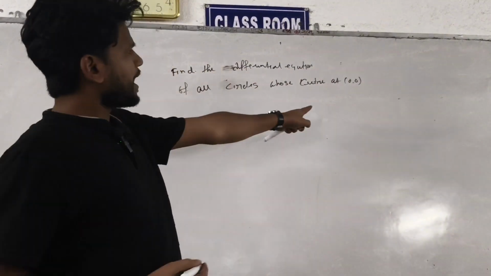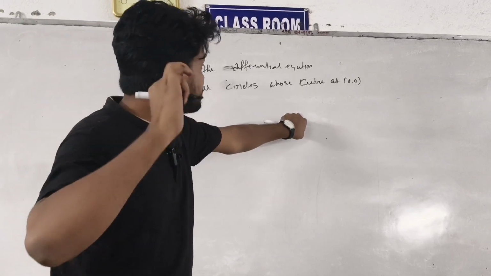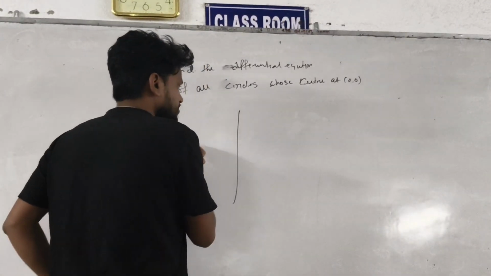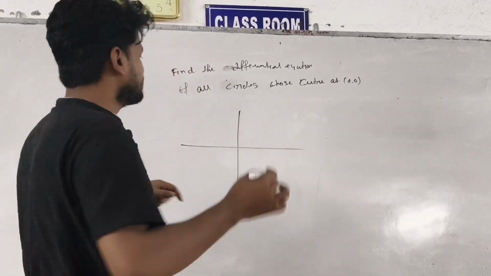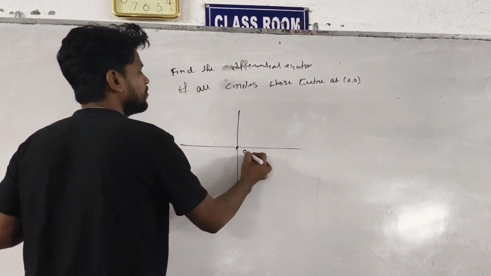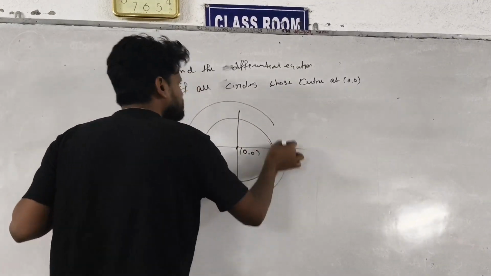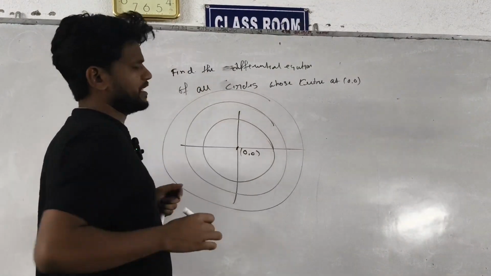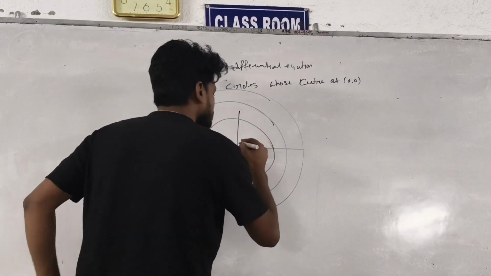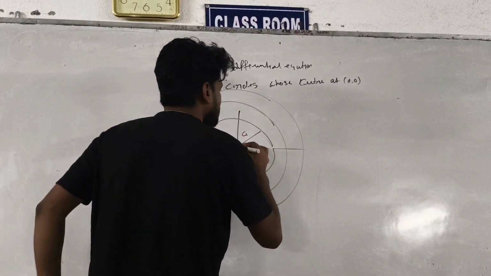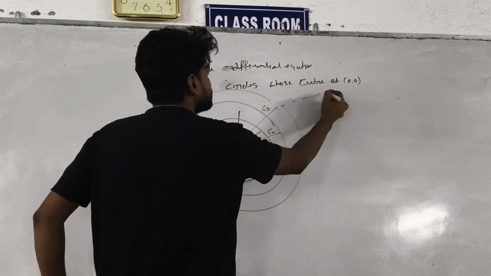You have to draw this circle. This is the Cartesian system. At first we mark the center, and you can draw a lot of circles. This is C1, this is C2, this is C3, dot dot dot.